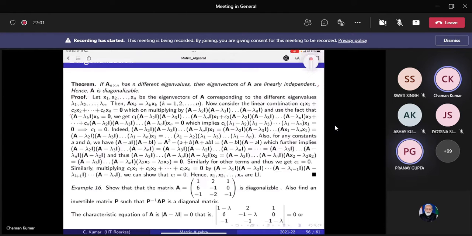Yes, sir. But if the size of the matrix is small, 2 by 2, then this calculation may be easier. But if the size of the matrix is big, 10 by 10, then it will not be that much easier.